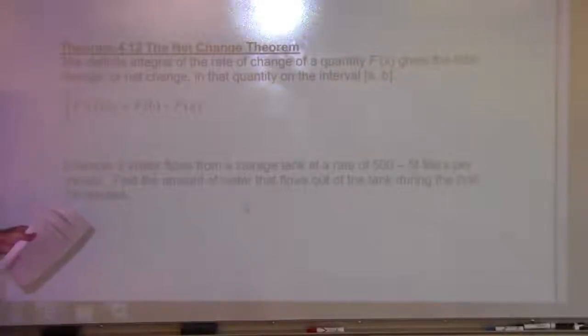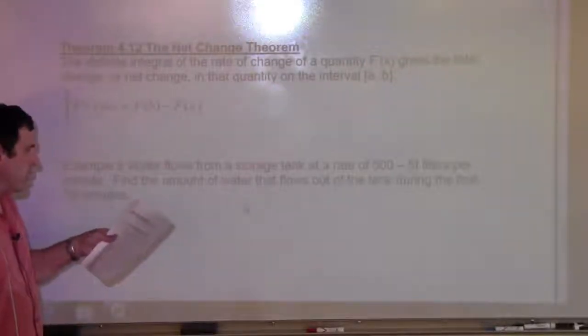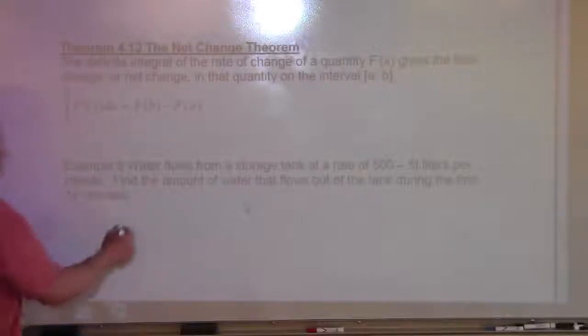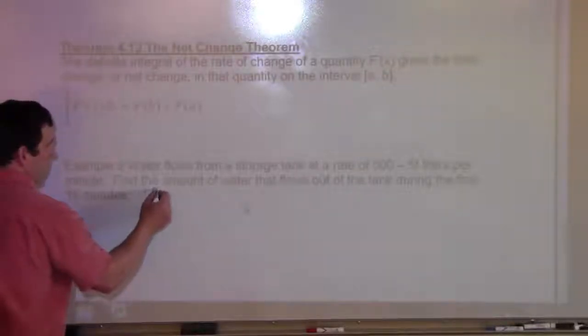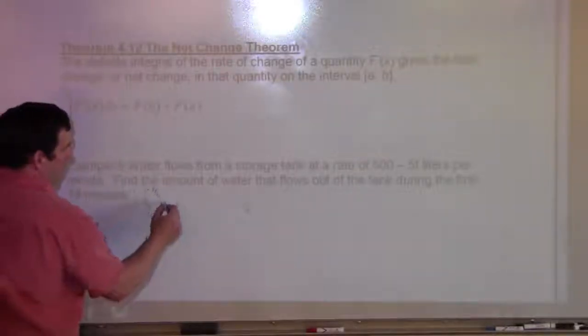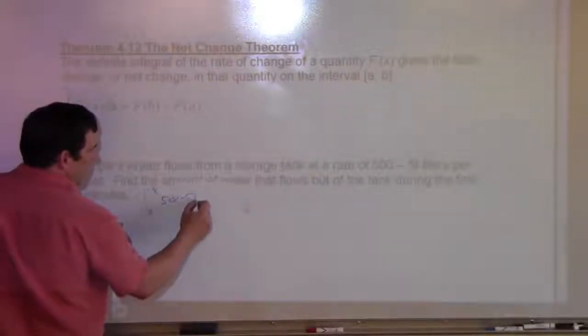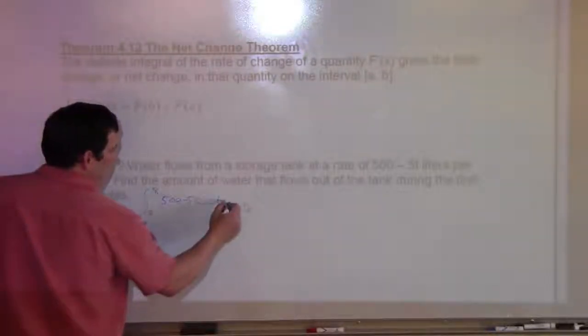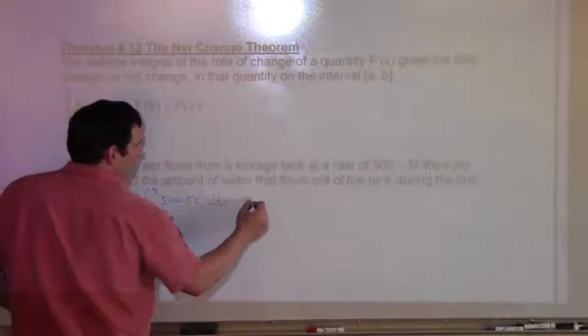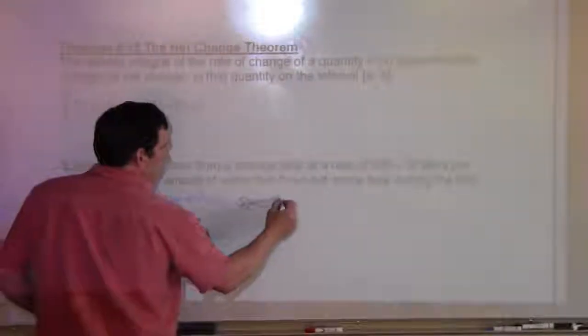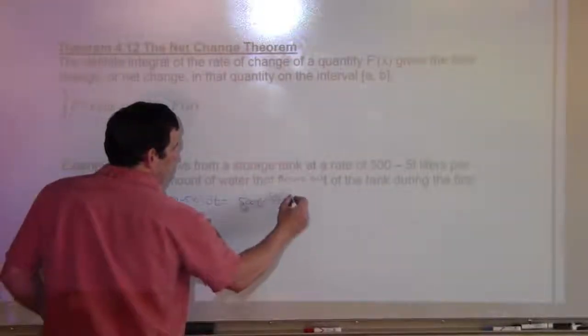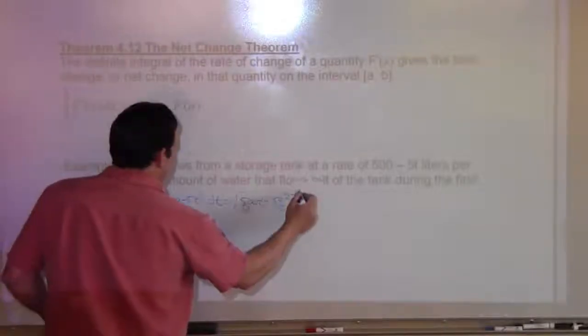So example 9 says water flows from a storage tank at a rate of 500 minus 5t liters per minute. Find the amount of water that flows out of the tank during the first 18 minutes. So we want the integral from 0 to 18 of 500 minus 5t dt. That's going to be 500t minus 5t squared over 2 from 0 to 18.